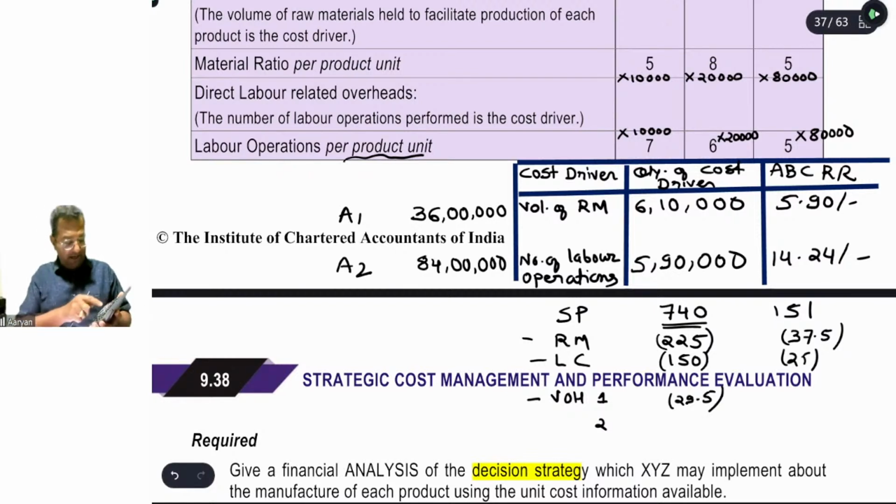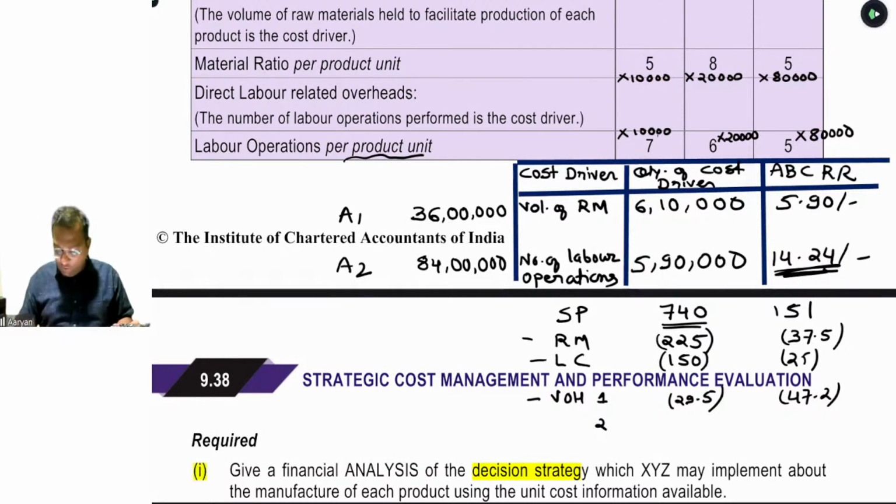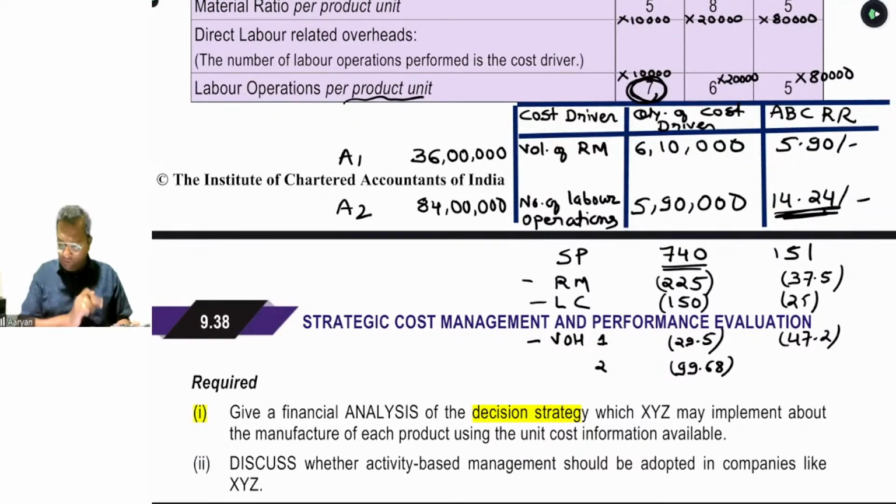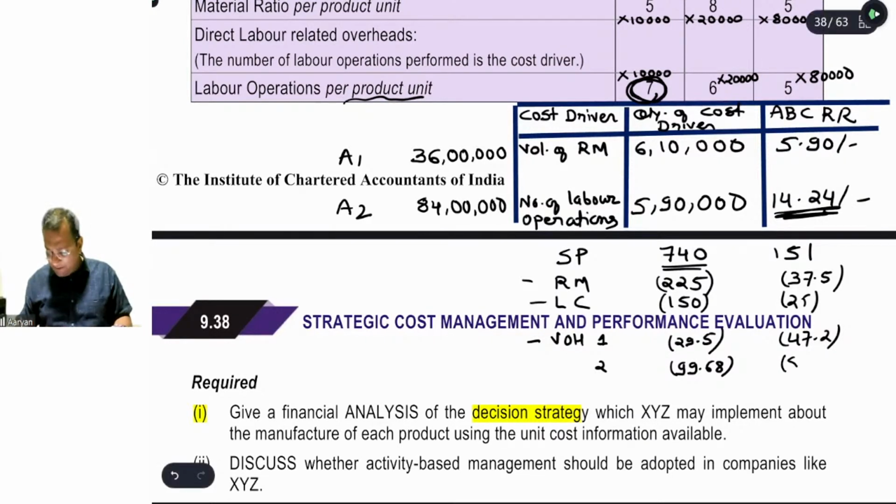And here 8 into 5.9, it's 47.2 rupees. Okay beta, and then 14.24 per labor operation. How many operations are to be performed in one unit? 7, so 7 into 14.24, so it's 99.68. You can round it off, better 99.7 will also work, and 6 into 14.24, it's 85.44. You can round it off to 85.4.